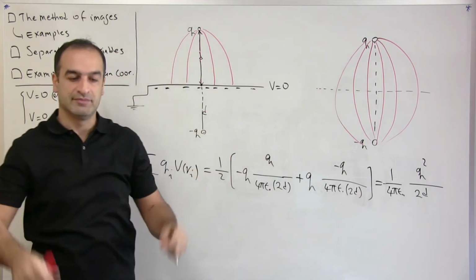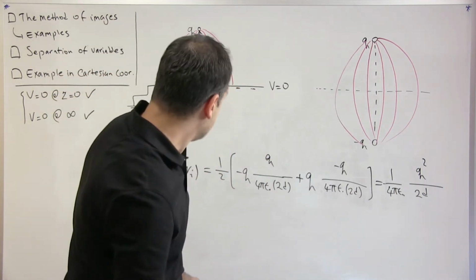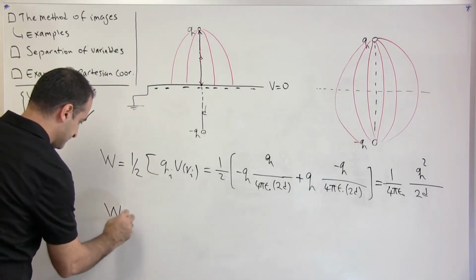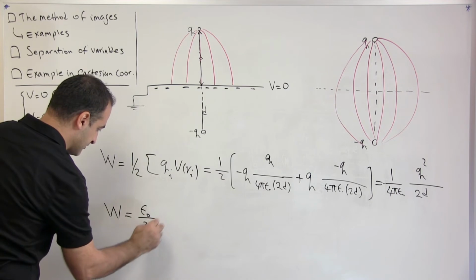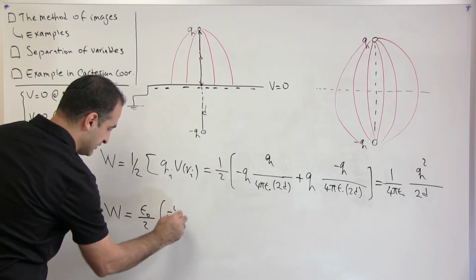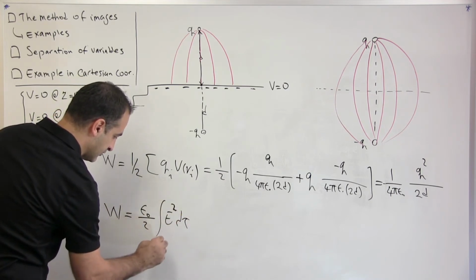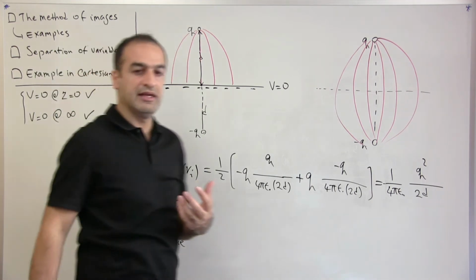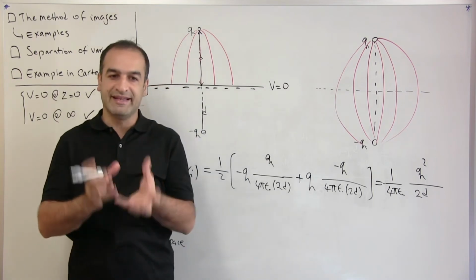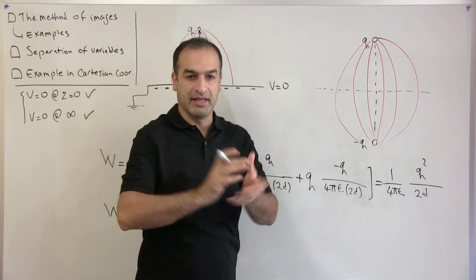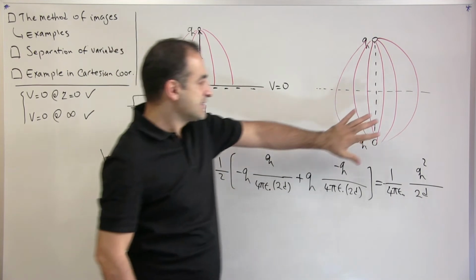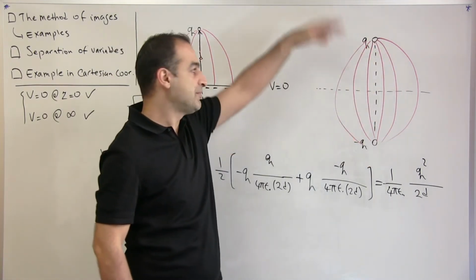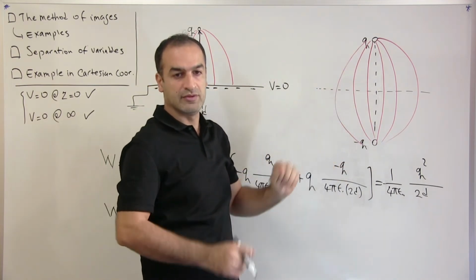So we are looking at a situation where we have electric fields covering the whole space, positive z and negative z combined. And if you remember, the energy of any system, you could write as an integral of epsilon 0 over 2 times the integral of E squared d tau over all space. So electric energy is stored in the electric field in the whole space. In this case with 2 point charges, the electric field covers the whole space, positive to negative, all the way to infinity.